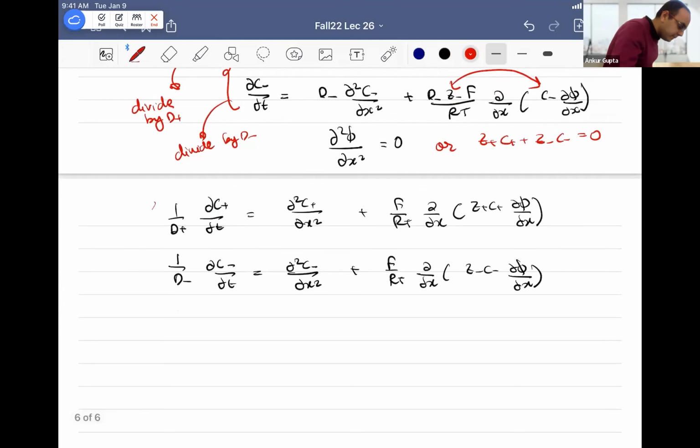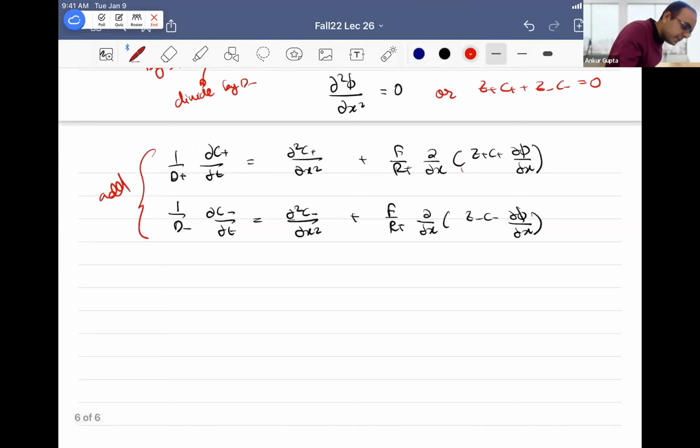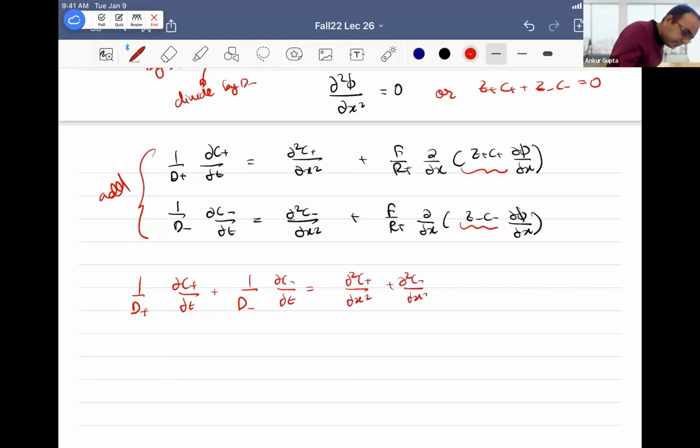Add them, right? Just add them. Why am I doing that? Because I know Z+C+ plus Z−C− is equal to 0. So when I add them, I get (1/D+) ∂C+/∂t + (1/D−) ∂C−/∂t = ∂²C+/∂x² + ∂²C−/∂x² + (F/RT) ∂/∂x of ((Z+C+ + Z−C−) ∂φ/∂x), and this term is 0.